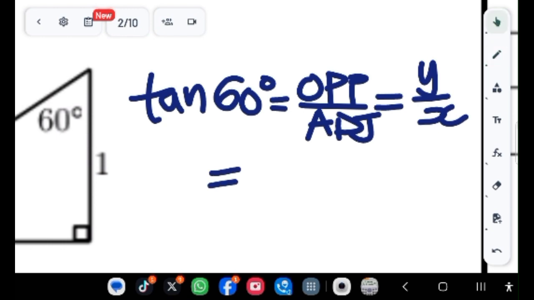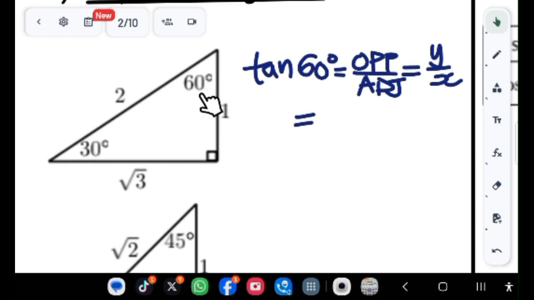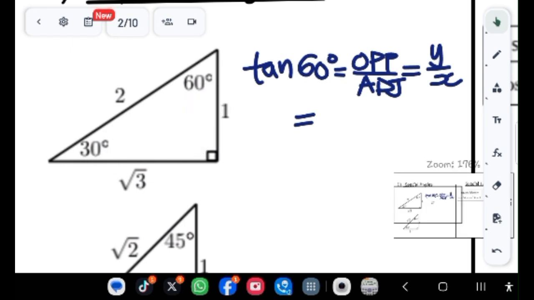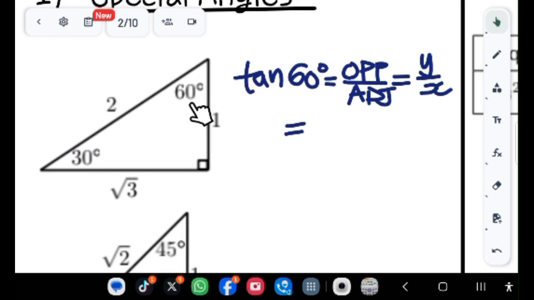And according to this triangle, what you do is you look for the triangle with the angle that you're trying to calculate without using a calculator, and that triangle will be the 30, 60, 90 degrees in this case. You will then locate the angle so that it can become your angle of focus, and now from the angle you look at what the side opposite it and the side adjacent to it are.